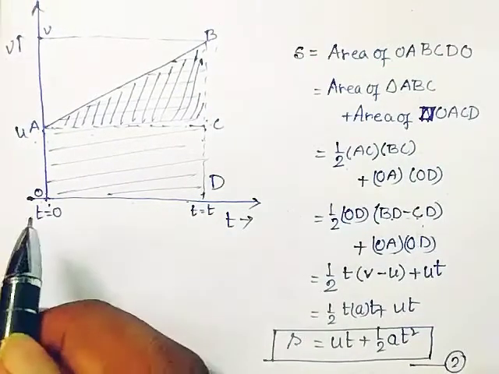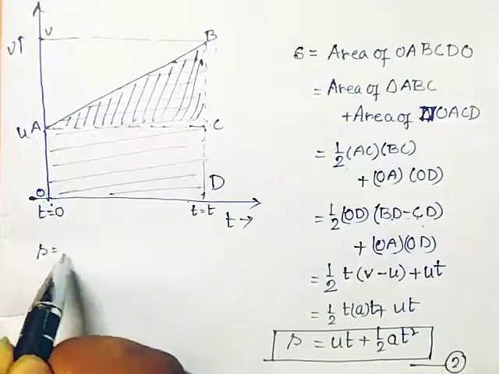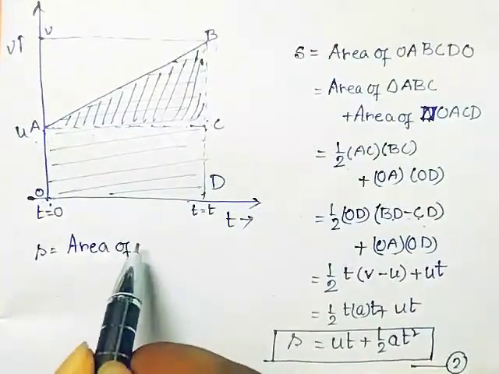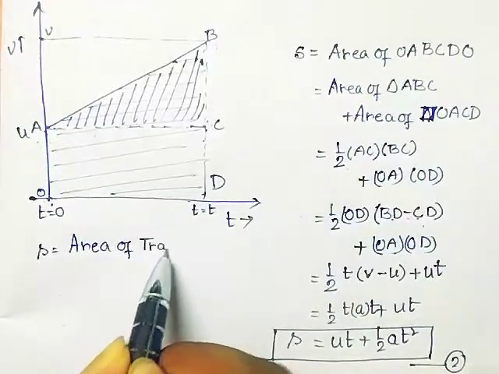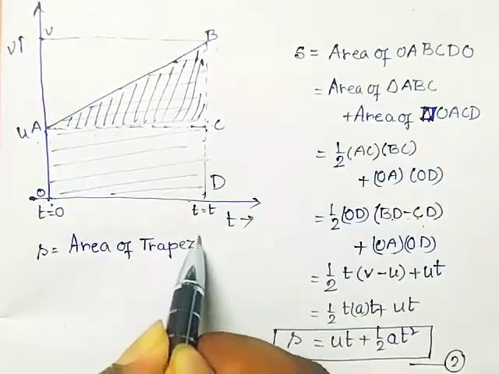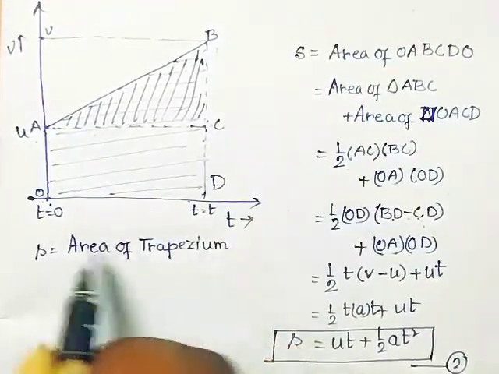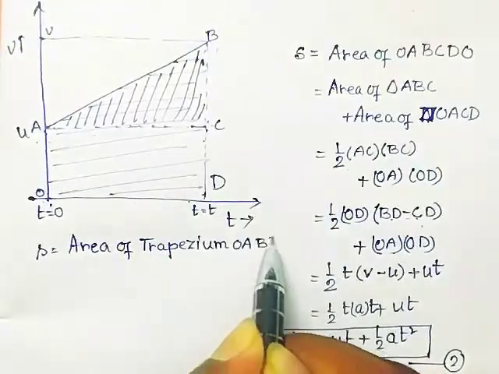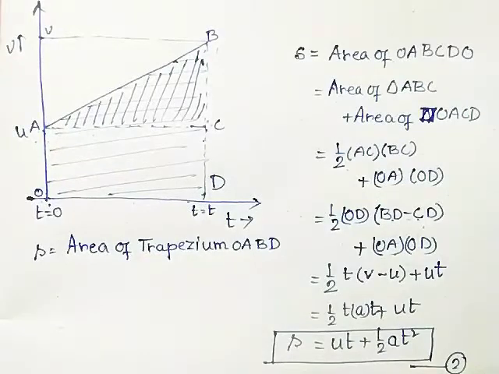At that time, if I want to calculate, then S equals the area of trapezium OABD, representing the same thing.